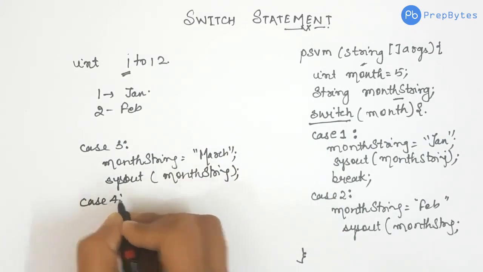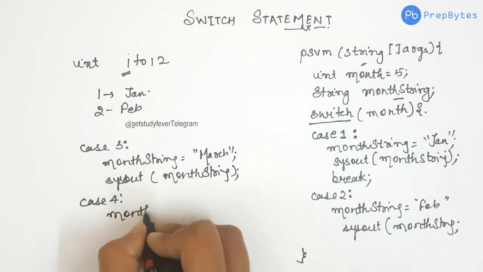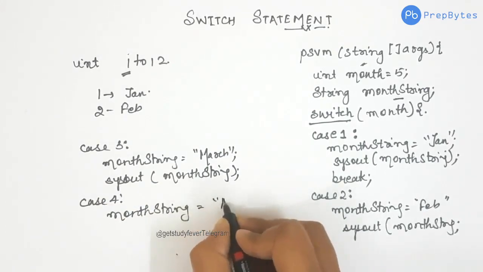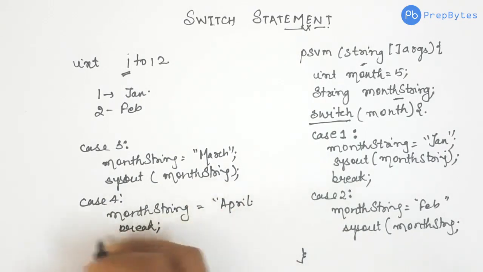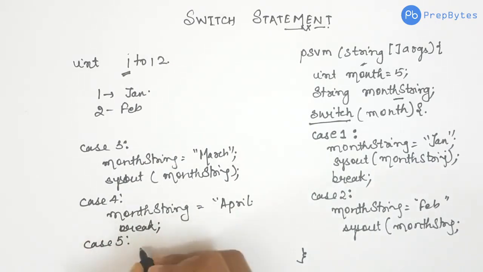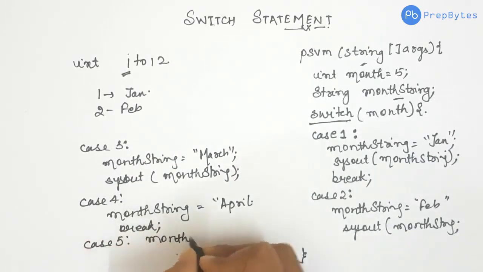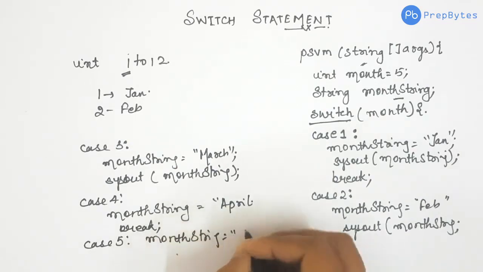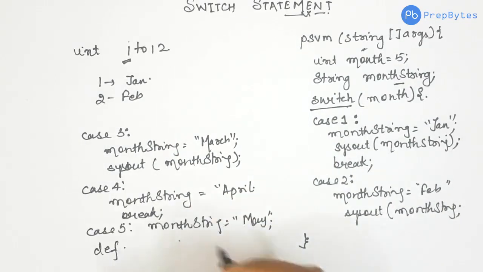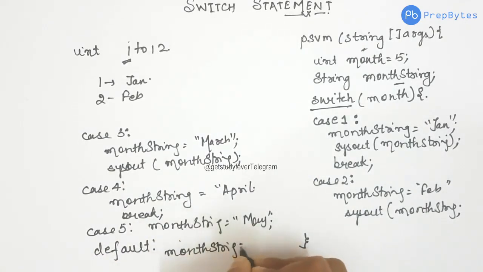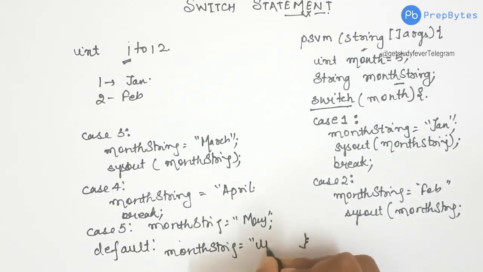Similarly, let's say we have case 4, string equal to April, break, case 5, and then we have, let's say, month string equal to May, and then we have a default. Let's say month string equal undefined.